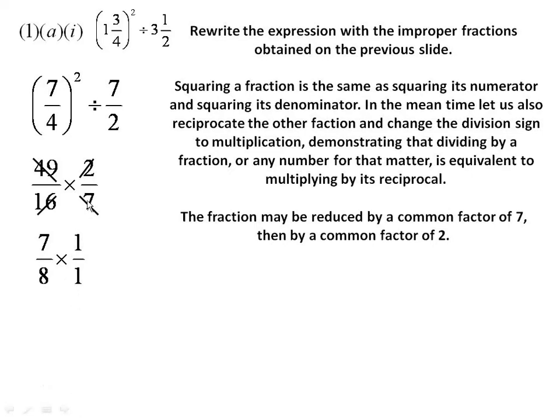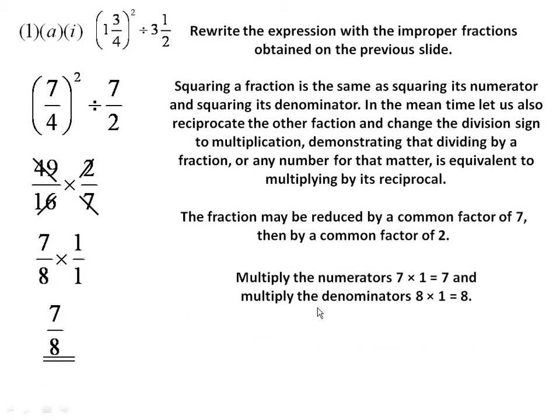So 7 into 7 is 1, 7 into 49 is 7. 2 into 16 is 8, and 2 into 2 is 1. 7 multiplied by 1 is 7, and multiply 8 by 1 we get 8, and that's all there is to it. Multiply the numbers as we have said before. 7 multiplied by 1 is 7, and we do that to the denominators also.